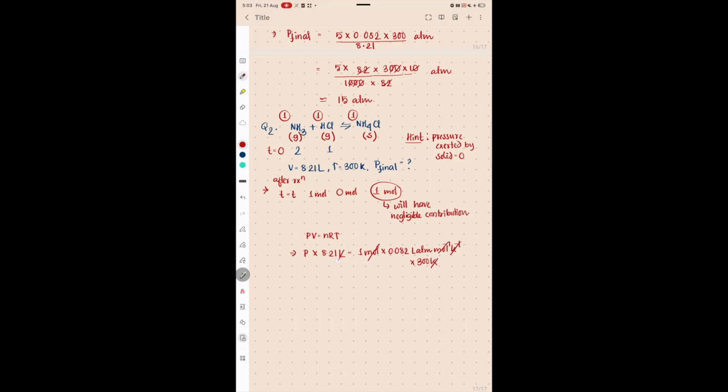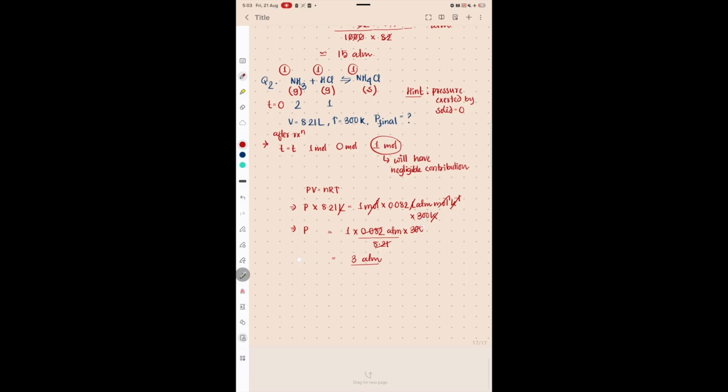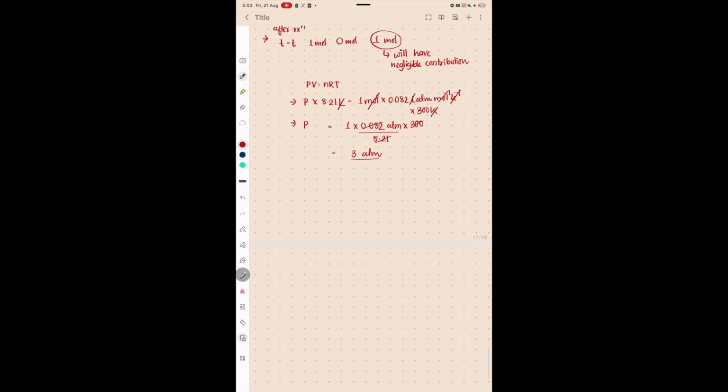Pressure is 1 into 0.082 atm into 300 divided by 8.21. Similarly it will get cancelled, and the remaining will be 3 atm. So the final pressure will be 3 atm.